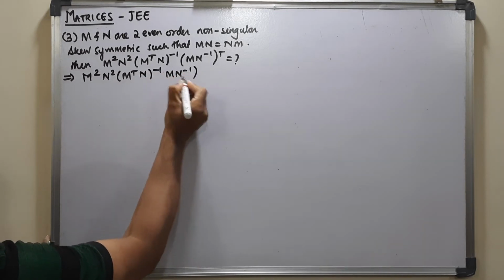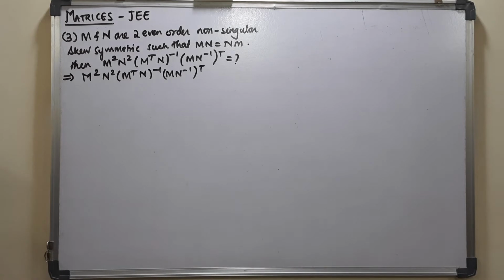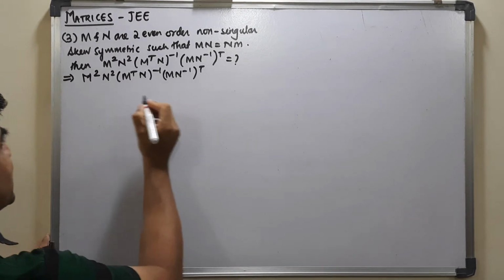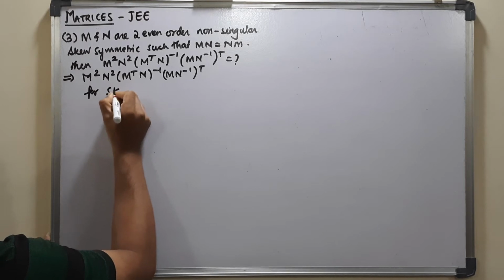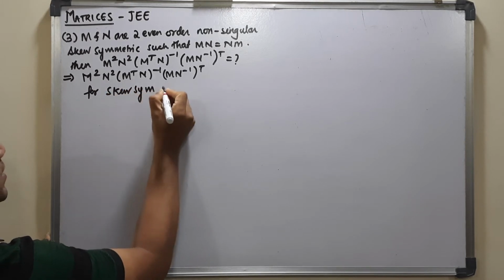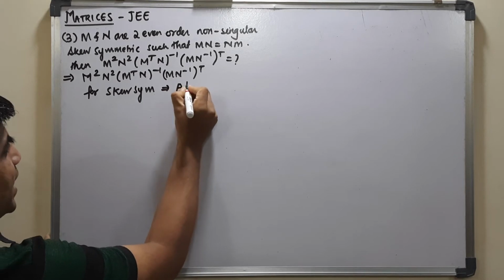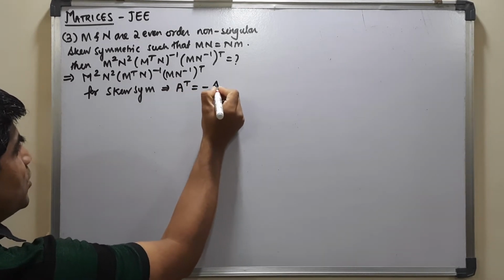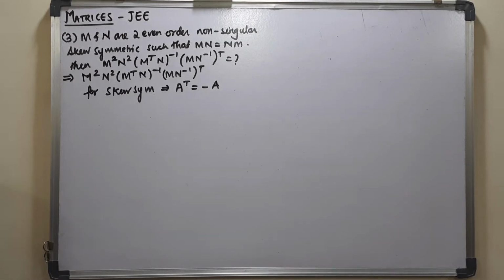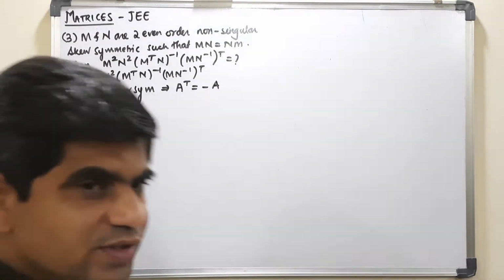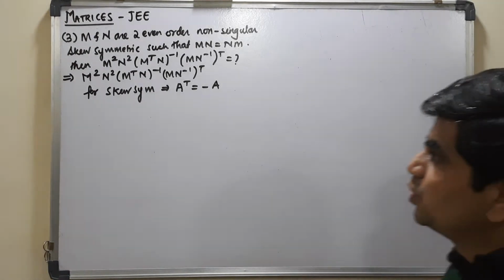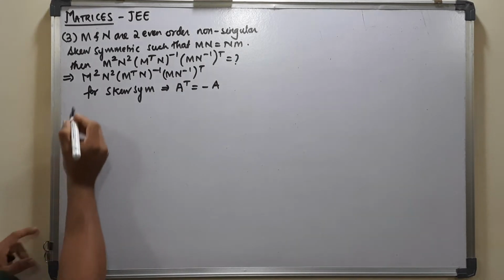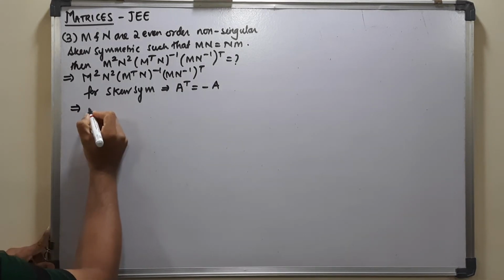It says that it is skew symmetric. For skew symmetric, I know that A transpose is equal to minus A. And if it is symmetric, then A transpose is equal to A. This will help me to understand the procedure over here.